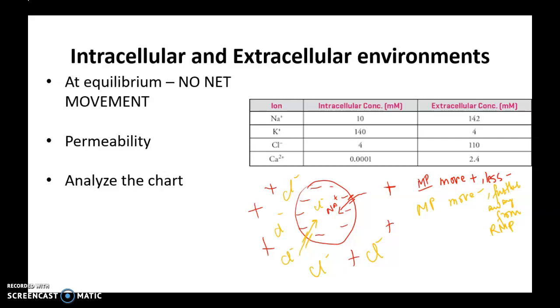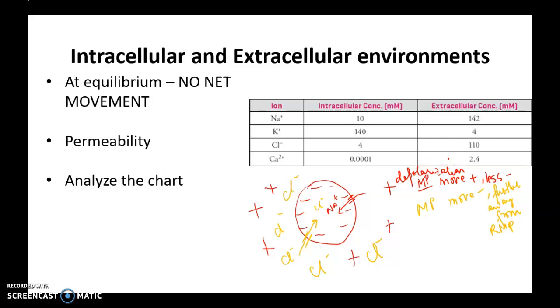Now, listen carefully. When positive charge enters the cell, the inside becomes less negative, more positive. That state is called depolarization. So as sodium entered the cell, we had depolarization.